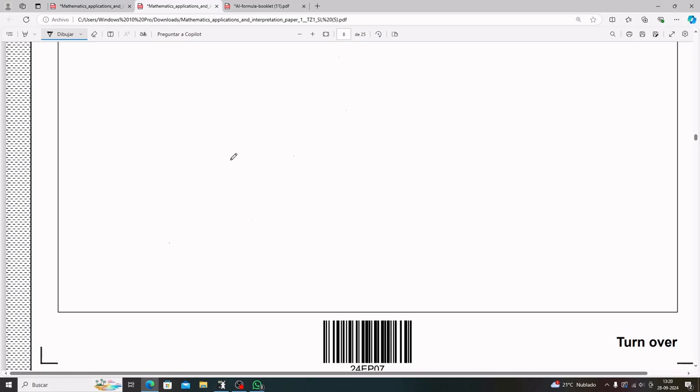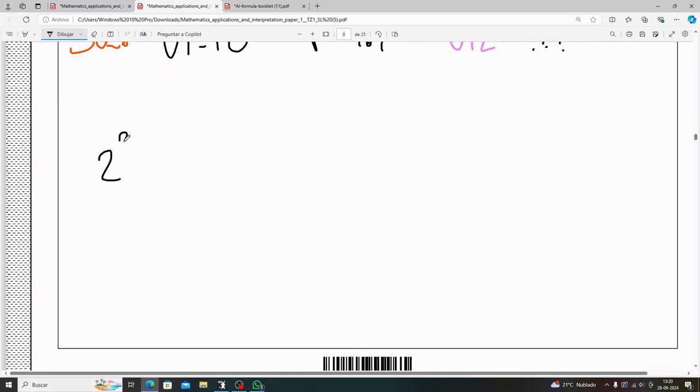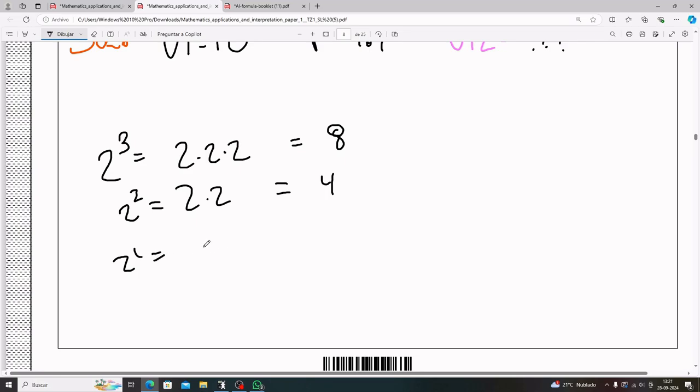When you're dealing with exponents, because we are talking about a 0 on the exponent, 2 to the power of 3 is 2 times 2 times 2, which gives you 8. 2 squared is 2 times 2, which gives you 4. 2 to the power of 1 ends up as 2. And 2 to the power of 0, you end up with only 1.